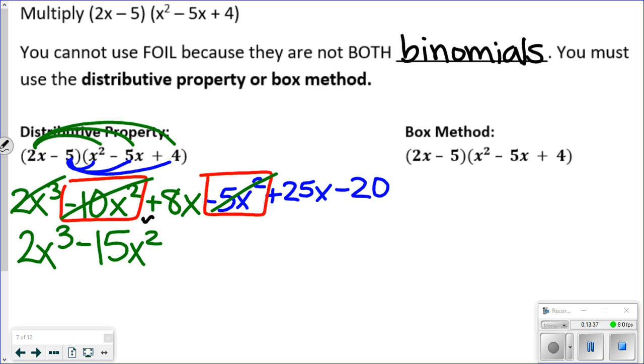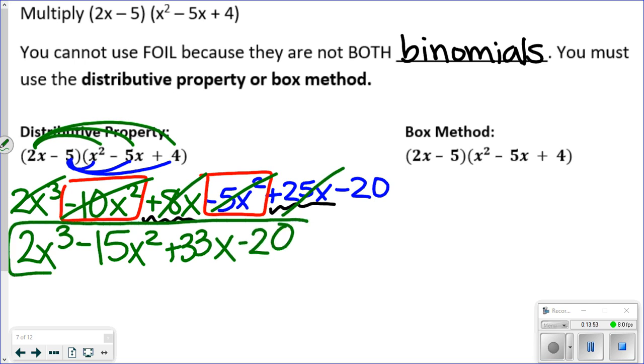Then I have a positive 8x and a positive 25x. Add those together, we get 33x. And then lastly, I have a negative 20 with nothing to combine it with. And get in the habit of boxing in or circling your final answer so I can find it.